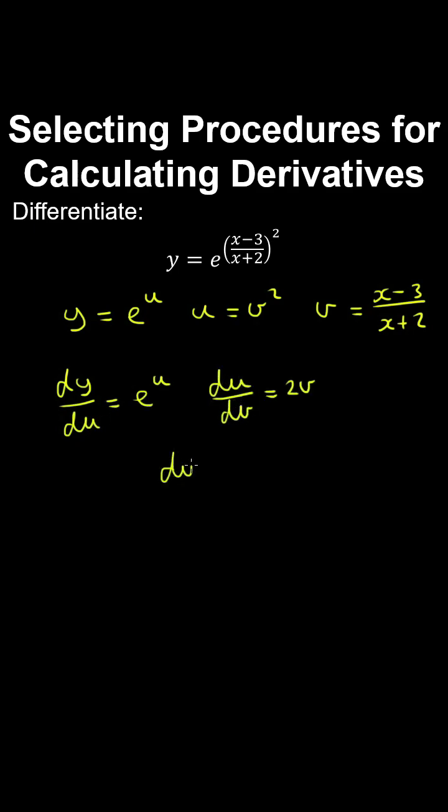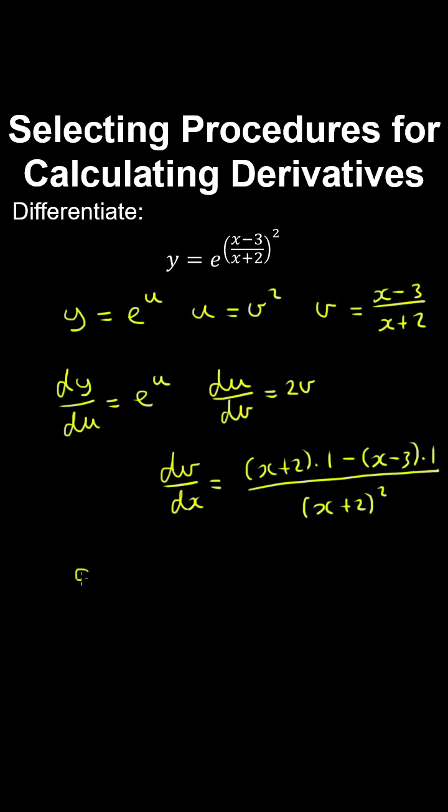And to differentiate v with respect to x, we can apply the quotient rule. So we have low d high minus high d low. And that's divided by low squared. And now to obtain a derivative of y with respect to x, we simply chain these derivatives together.